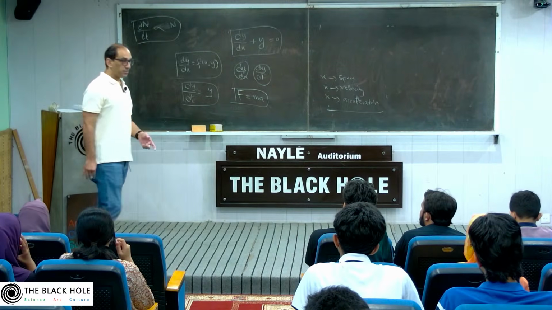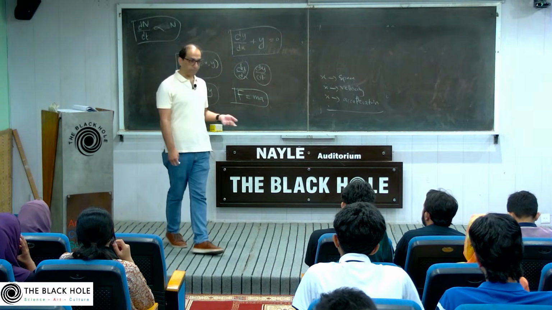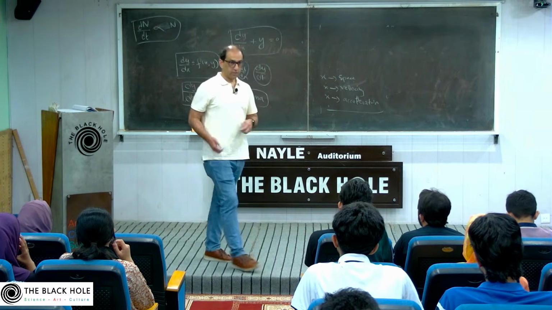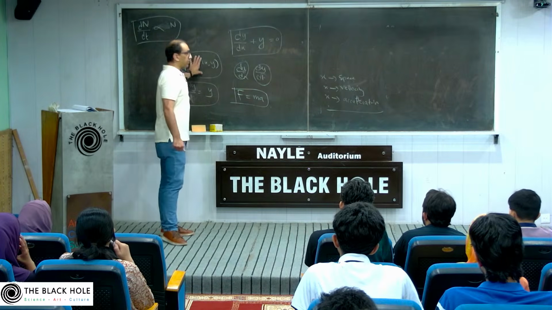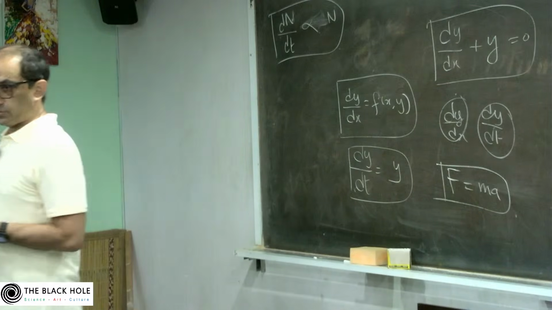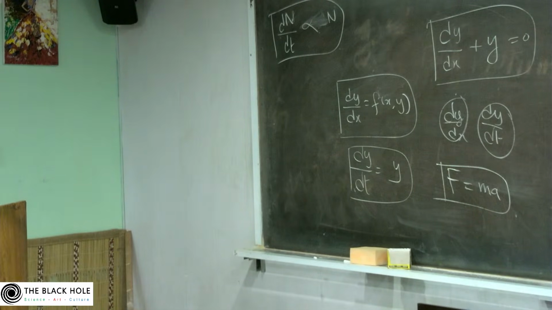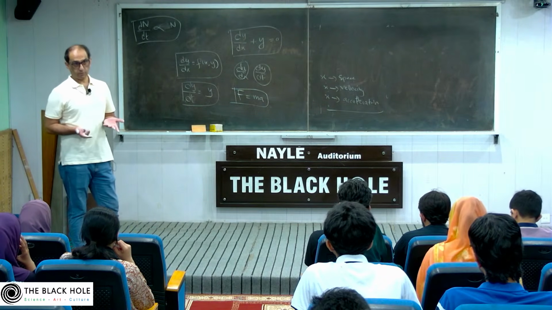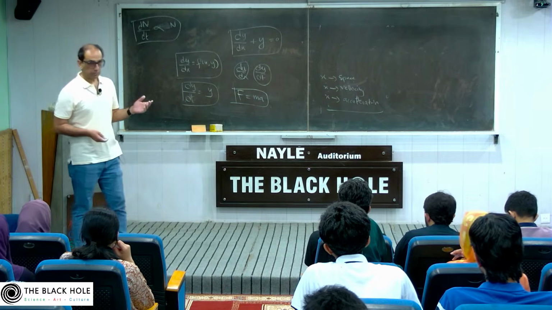The idea is, if you have a derivative and you want to get rid of it, you need to take the antiderivative, right? So the antiderivative of this equation will give you a solution. The whole idea of solving a differential equation is to take the antiderivative, and that will give you a solution.